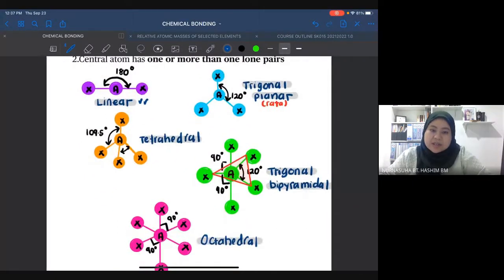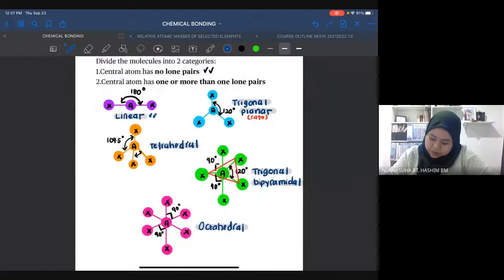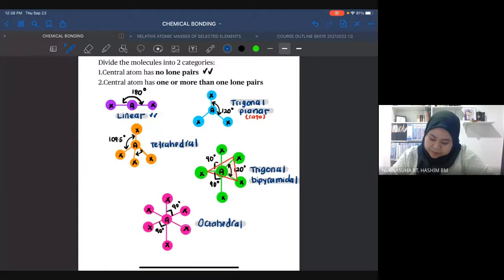This one is the shape if your central atom has no lone pair. So if there is a lone pair, Madam takes trigonal planar. Wait, Madam will go through all of these.